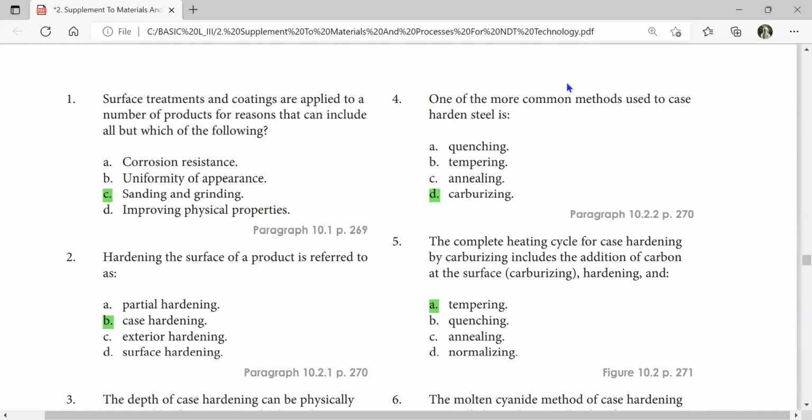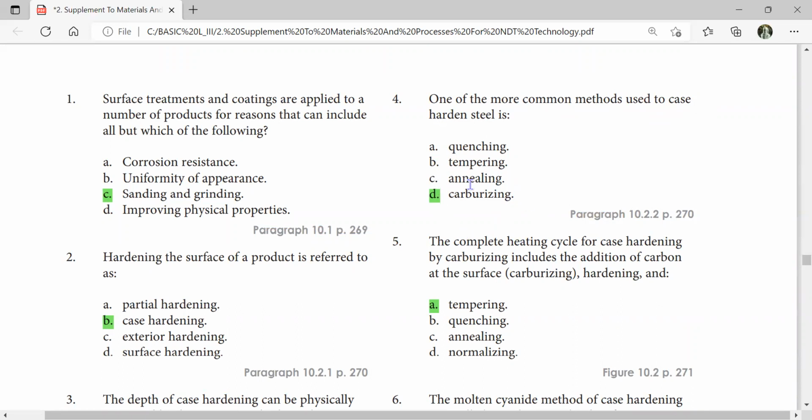One of the more common methods used in the case of hardened steel is carburizing, annealing, tempering, quenching. There are different heat treatment methods. They are not case hardened treatment.